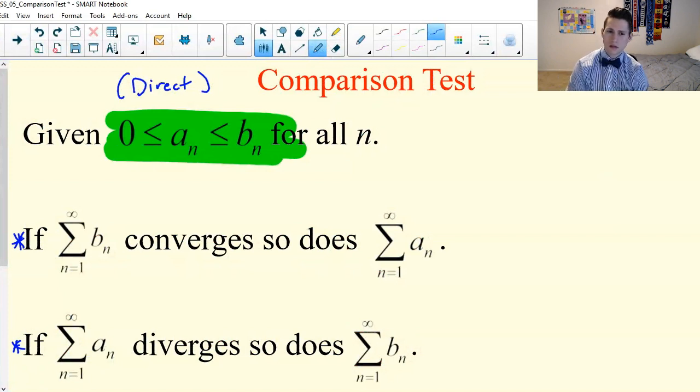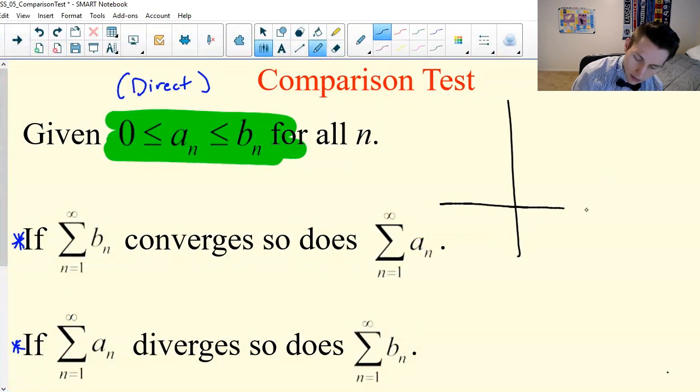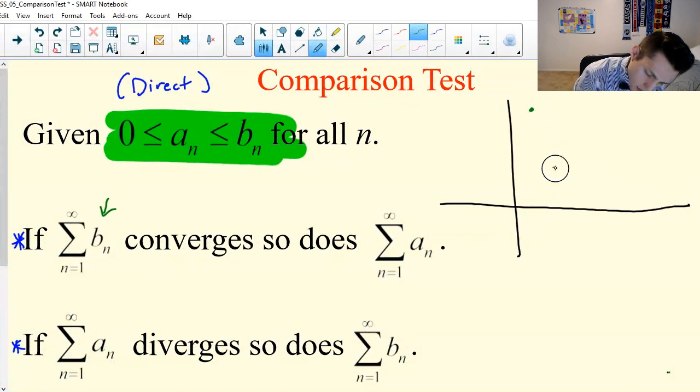Okay, so let's break this down. Let's say I have some graph. Let's say my green dots are bn, and let's say that these blue dots are an.